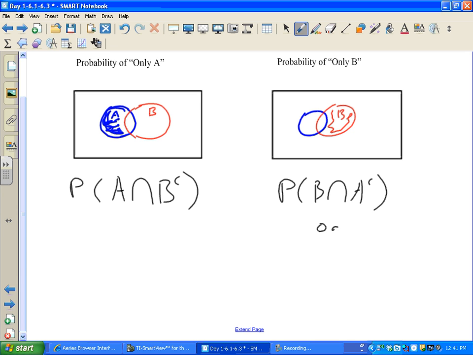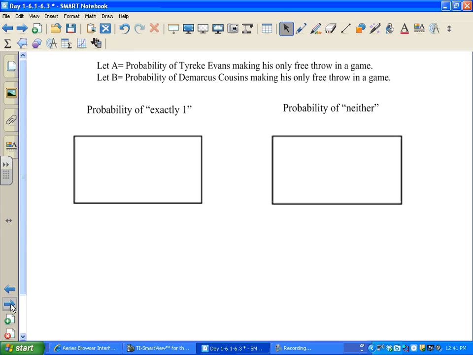This says the same thing as this. But realize that these two things say two different things. The right-hand side and the left-hand side of the board say two different things. All right?